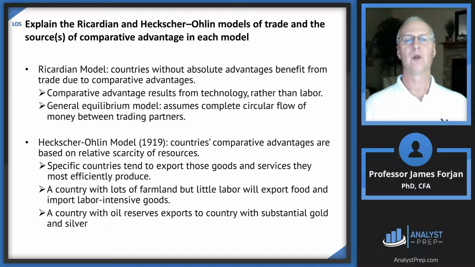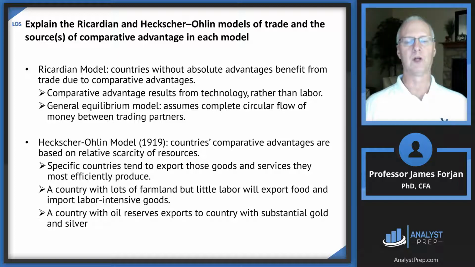Now, this Heckscher-Ohlin model was developed sometime after World War I. The idea behind this was an observation that countries that have specific natural resources are probably really good at managing those natural resources, and that therefore they should trade with other countries that have different natural resources.